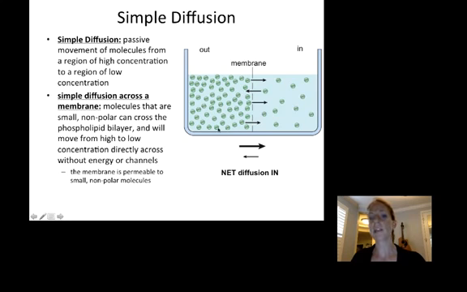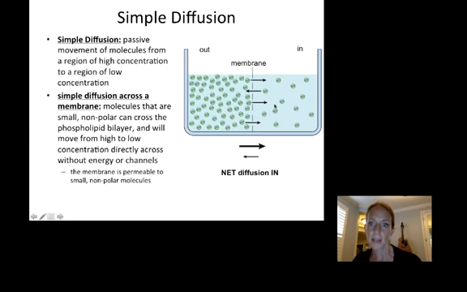You have a high gradient on one side, low on the other. Molecules are going to move from high to low. There is a natural physical driving force that wants the molecules to even out, and we'll say concentration for this example. No energy is required then. The molecules will simply move from high to low.